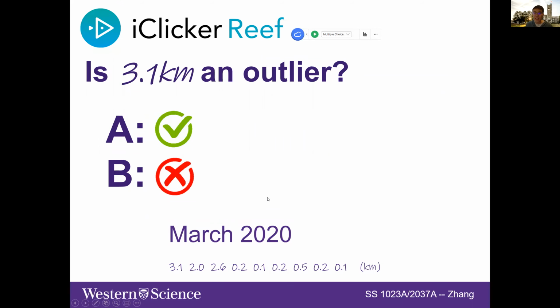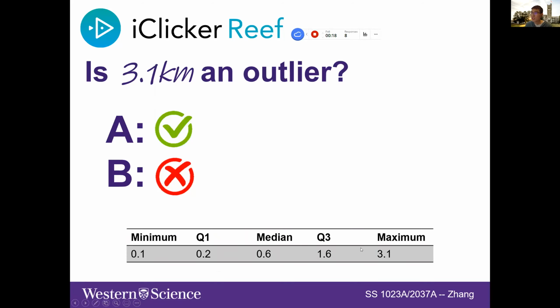Then let's have a practice. Do you think the 3.1 in our data set should be an outlier based on this judgment? I guess there's a calculation to it. To ease your calculation, I'll help you recover the five-number summary, which is given like this. The IQR, the interquartile range, is given by the difference of Q3 minus Q1.